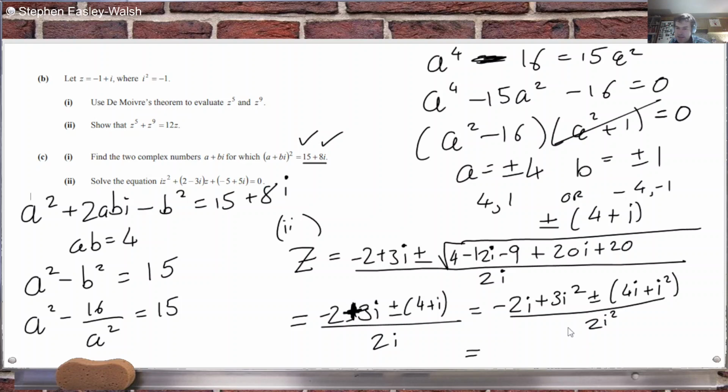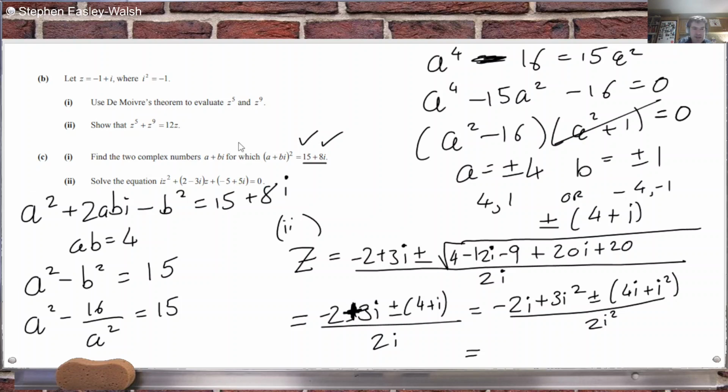So let's put in the plus answer first. So positive, we have 4i minus 2i is 2i, but then 2i actually, what am I doing? I should do the real part first. So that's minus 3. That's minus 4. Minus 4 over minus 2.